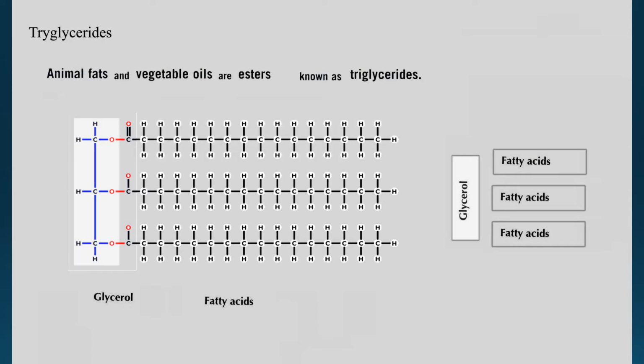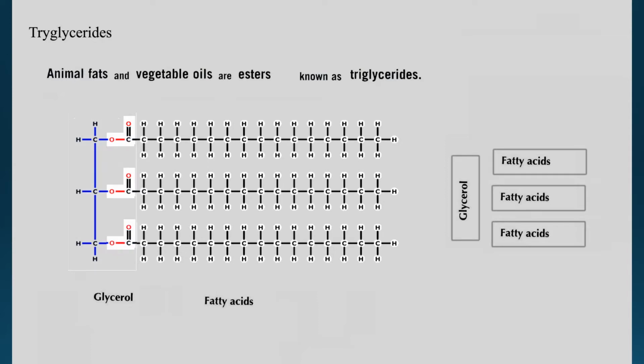Glycerol is made of C, O and H, which is a polar group. They are a polar molecule. And what links this non-polar fatty acid and the glycerol together?